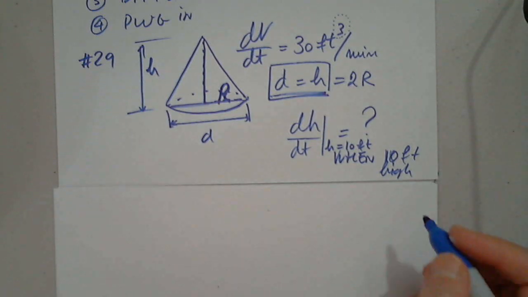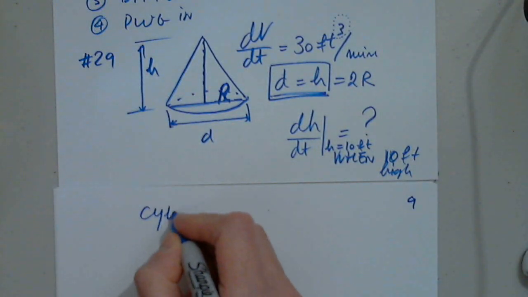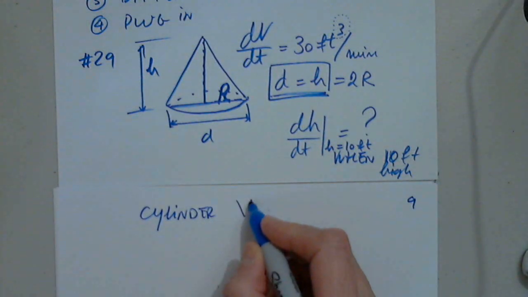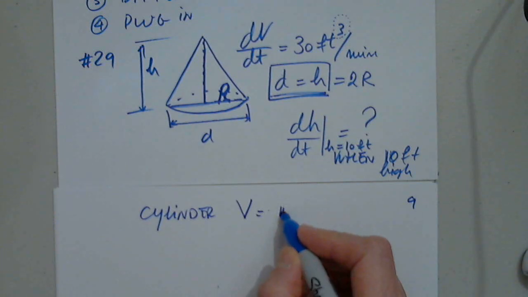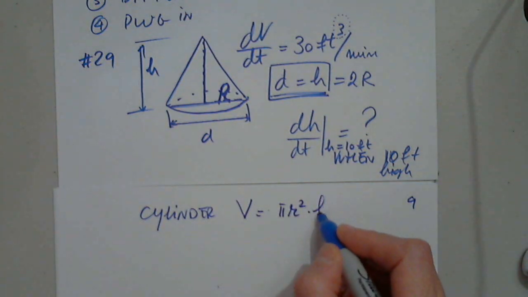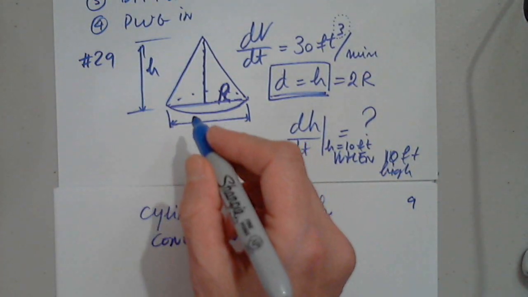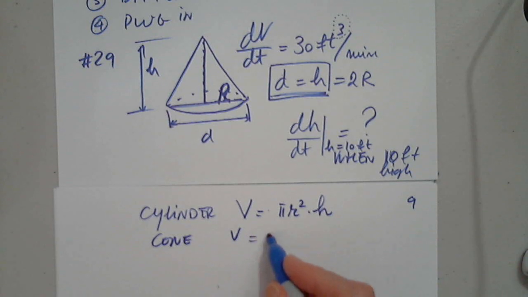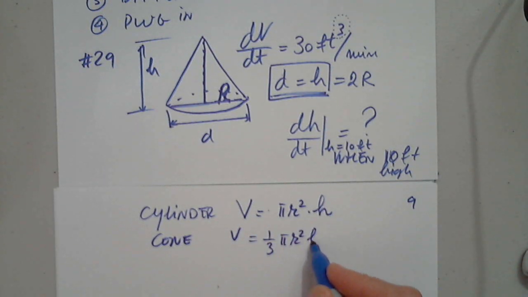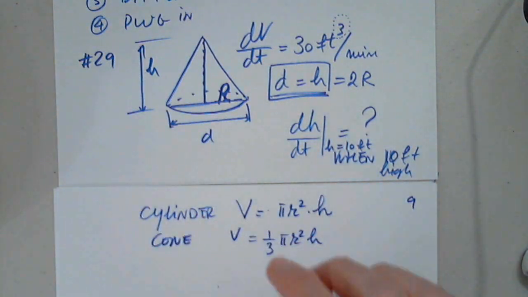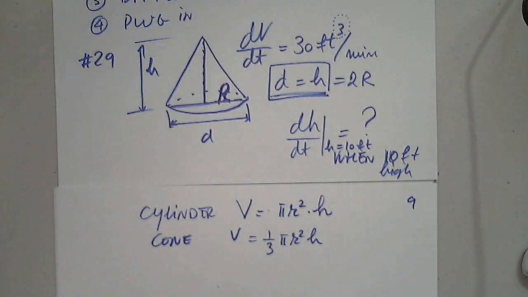Exactly. Very good. So let me remind you, for the cylinder, the volume is the area of the base, pi r squared, times the height. The volume of a cone is the same thing, but divided by 3. So 1/3 pi r squared times the height. It's easy to remember them together: the cylinder is the area of the base times the height, and this is the same thing but with 1/3 in front. So that is my starting point.